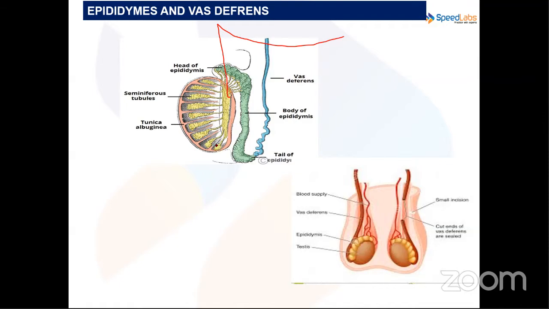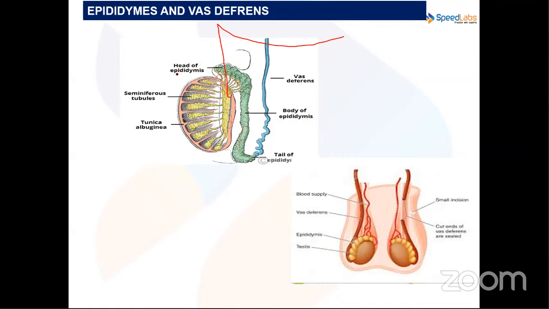The seminiferous tubules then form these straight tubules, which merge and form this netted structure. This is the rete testis, and here is again a structure which is the vasa efferentia, and from here this green structure shown over here is the epididymis.